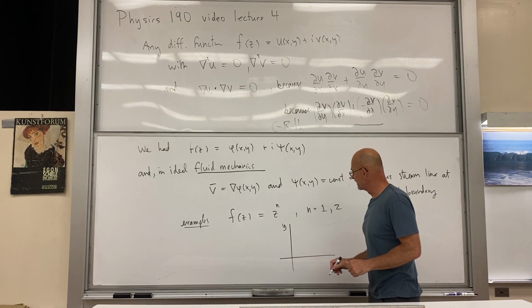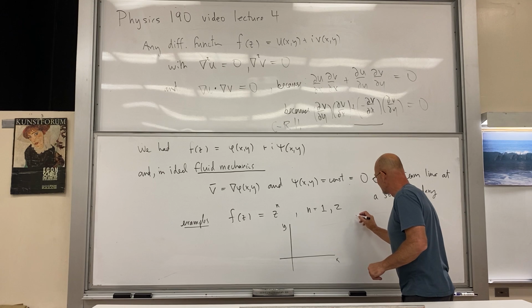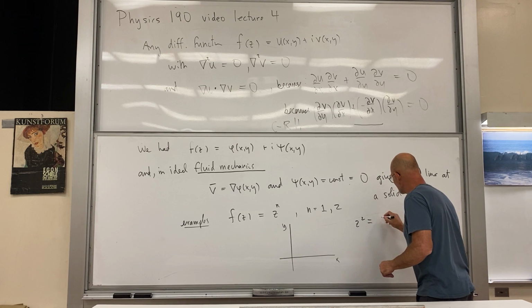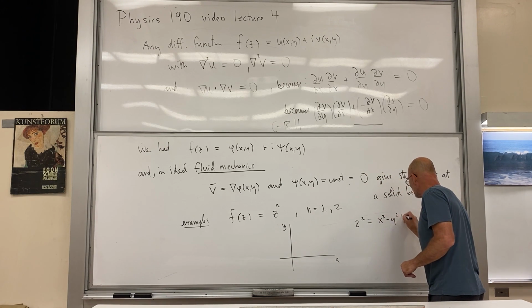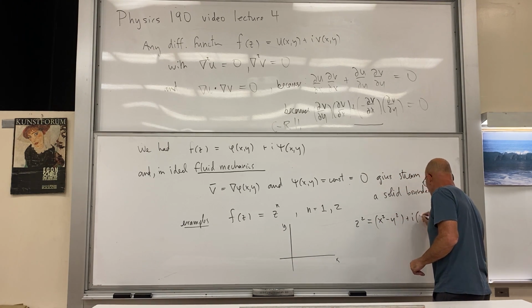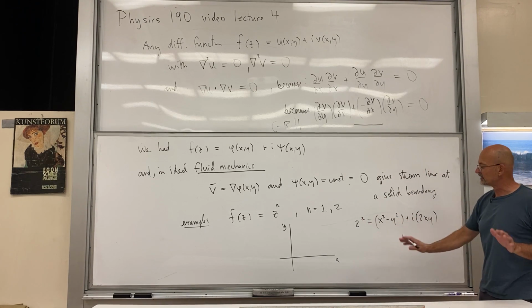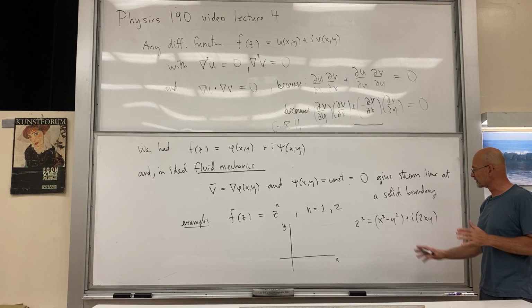So we had z squared equal to x squared minus y squared plus i times 2xy. I had a constant in front of there for dimensional reasons, but we can drop that for now. Just look at the pure numbers here.